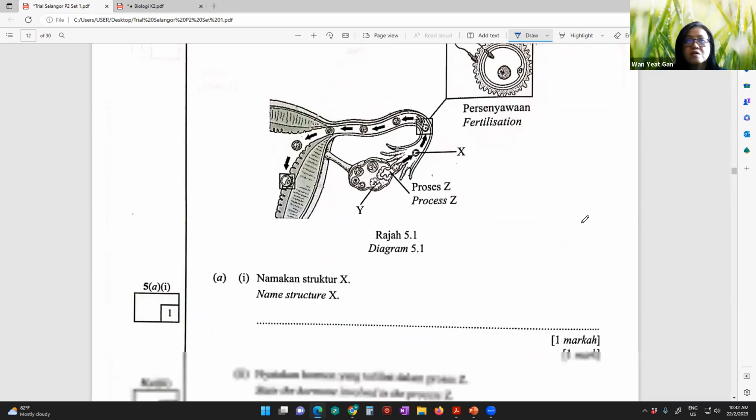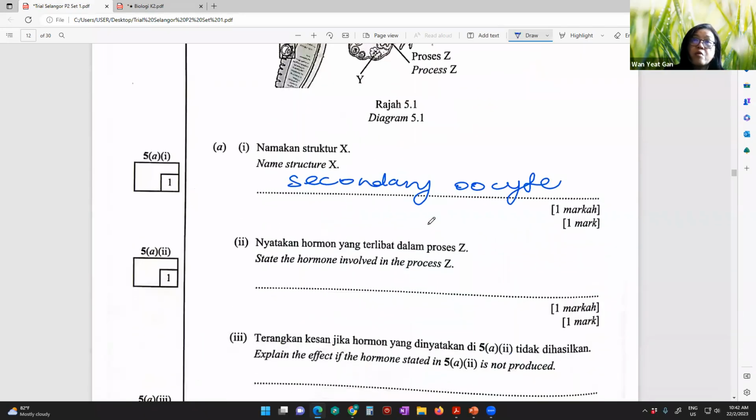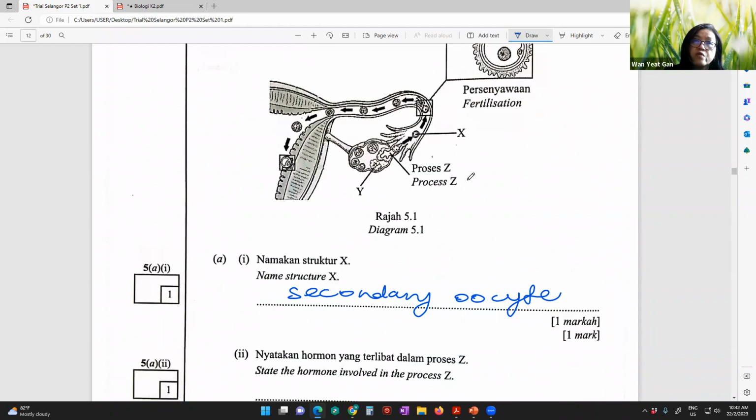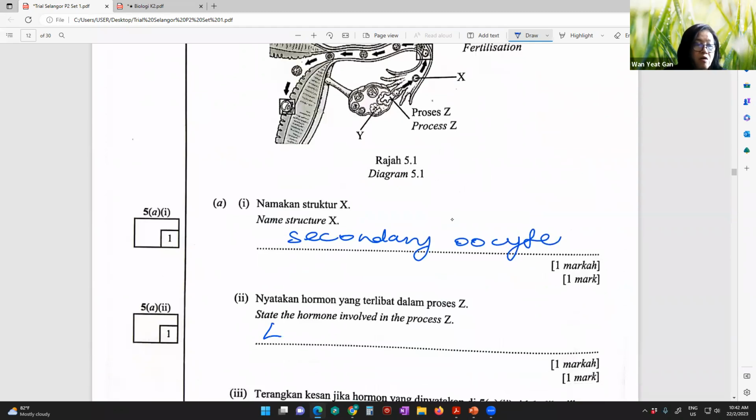So structure X is secondary oocyte. State the hormone involved in the process. The hormone involved in process Z, which is ovulation, is luteinizing hormone. You can also use the short form LH.